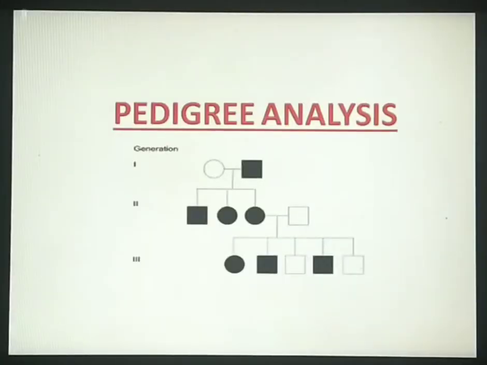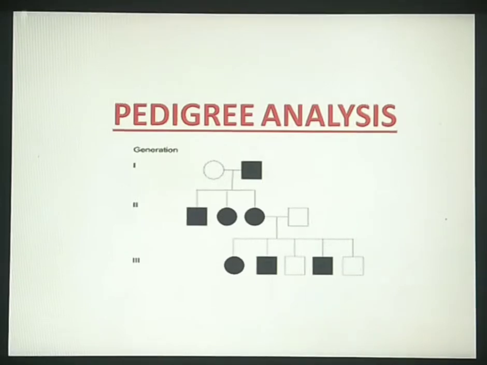The analysis of inheritance patterns with respect to traits in humans began soon after the rediscovery of Mendel's experiment. But this study of human genetics is much more difficult than that of plants and animals because of two reasons.